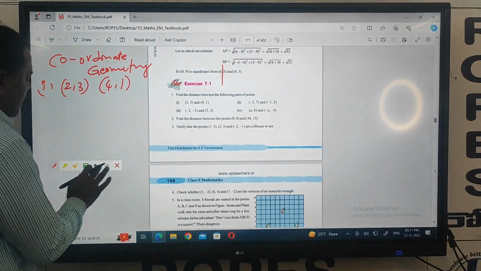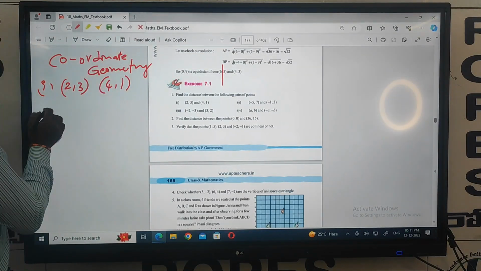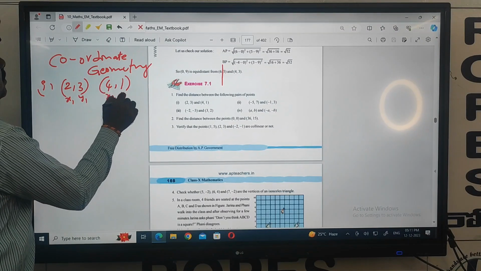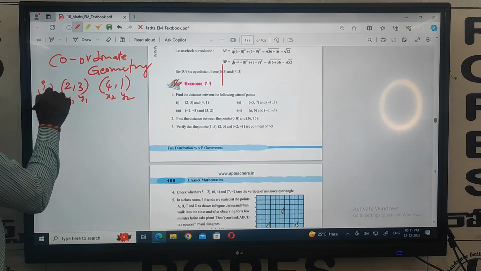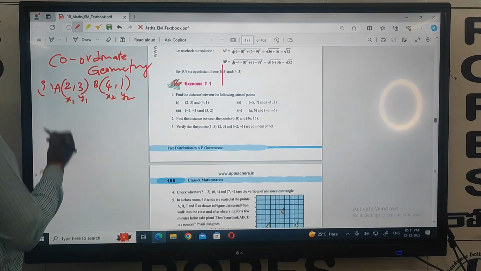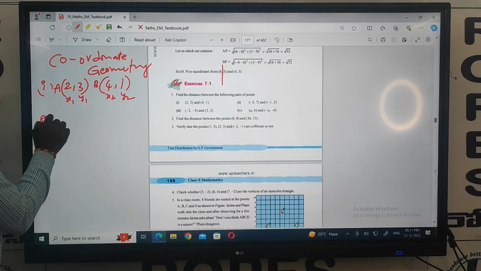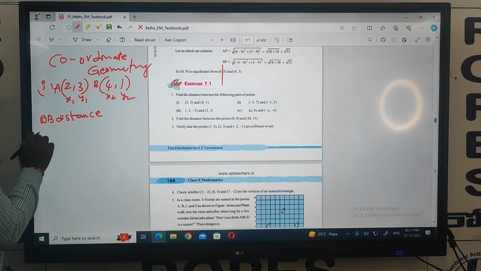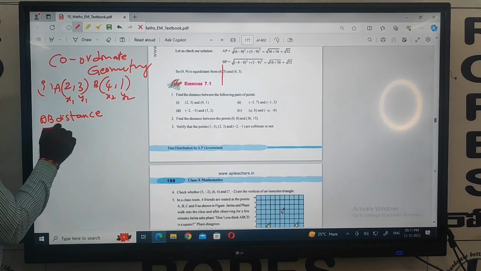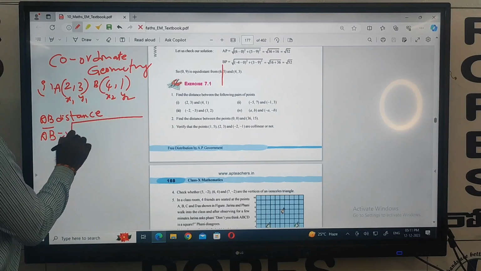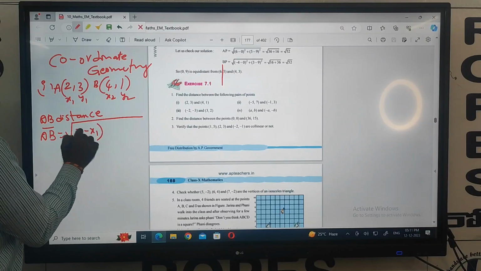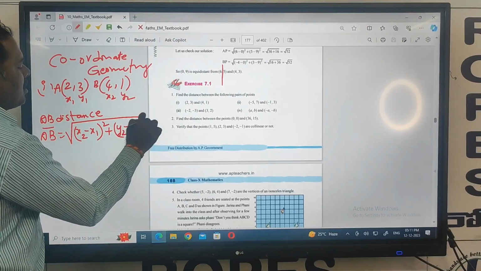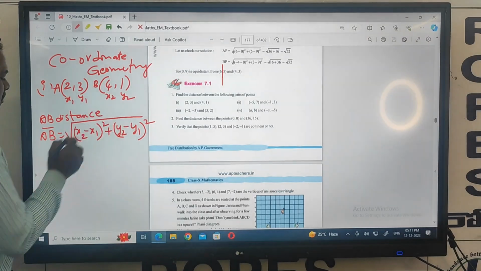We know the distance formula. We take x1, y1, x2, y2. Let this be point A and this be point B. Now the distance AB is equal to the square root of (x2 minus x1) whole square plus (y2 minus y1) whole square. This is the formula.